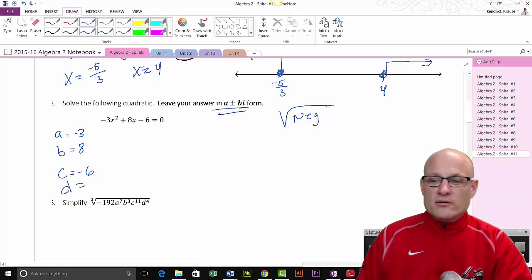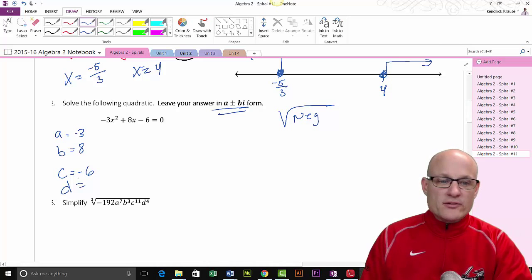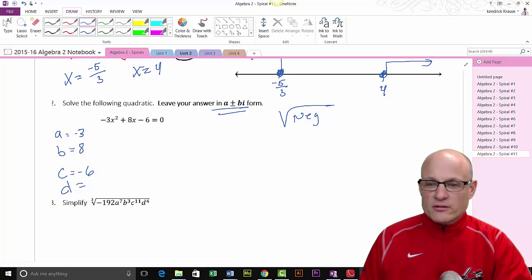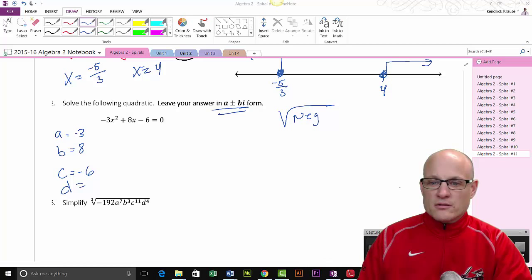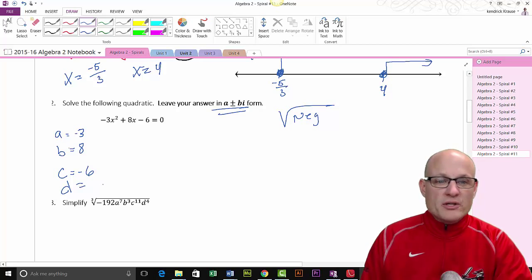D equals B squared minus 4AC. B squared is 8 squared, which is 64, minus 4 times negative 3 times negative 6.